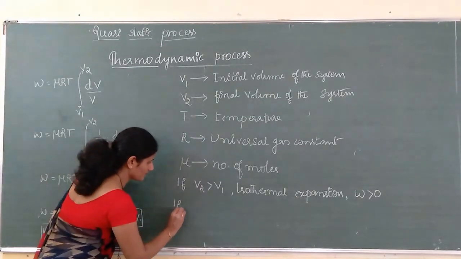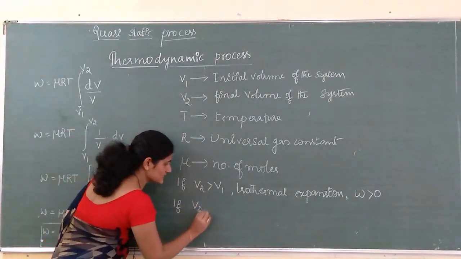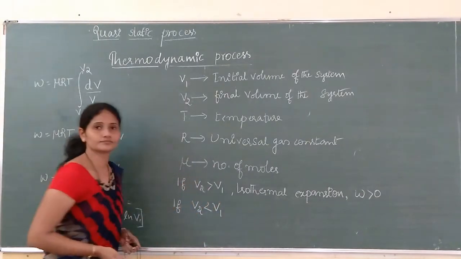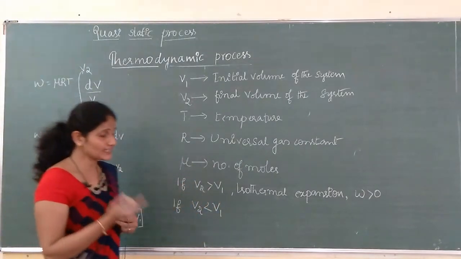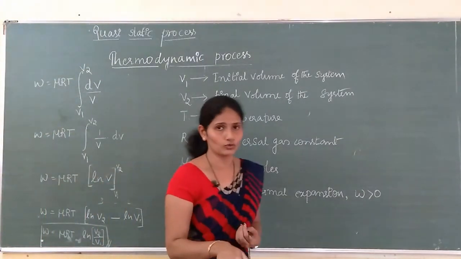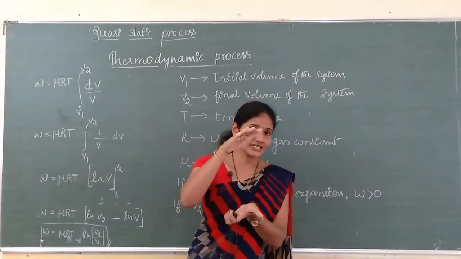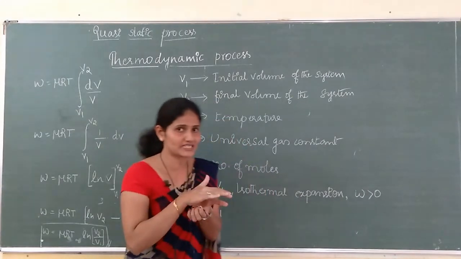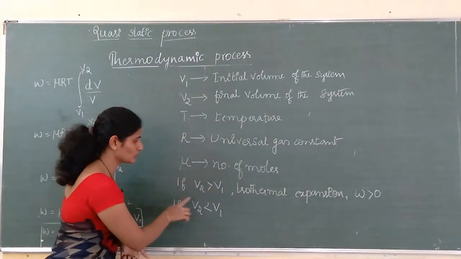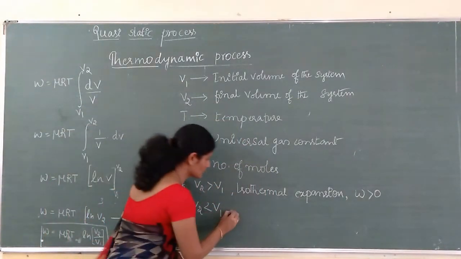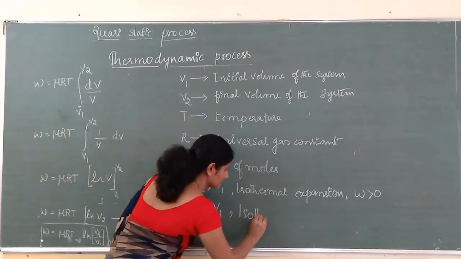If V2 is less than V1, if the final volume is less than the initial volume, that means this is isothermal compression. In compression, the final volume is less than the initial volume.